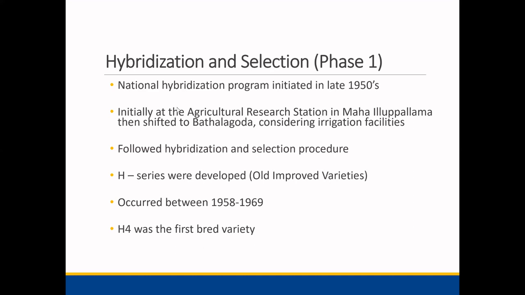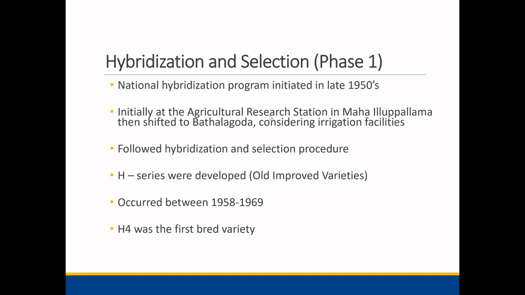Okay. So this national hybridization program started in the late 1950s in Sri Lanka. Initially it was at the agriculture station located in Maha Illuppallama, then this work shifted to Batalagoda, considering the irrigation facilities. You may know we now have the Field Crop Research and Development Institute in Maha Illuppallama, which was earlier where rice research also started, but that location had minimum irrigation facilities.